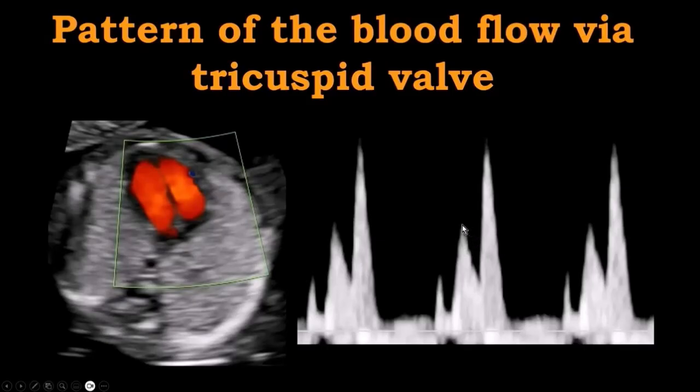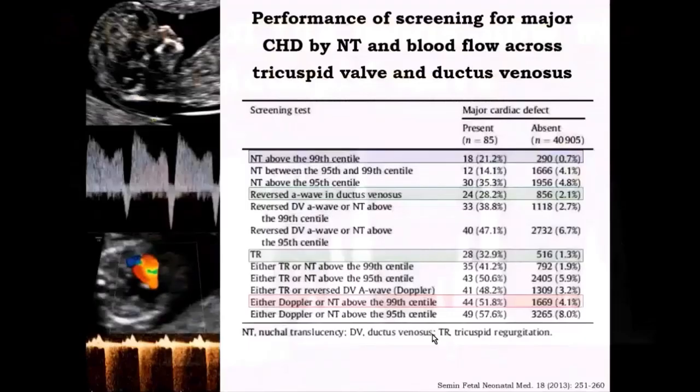There are relatively low velocities in early gestation, which indicates the stiffness of the myocardium at that gestational age, and the blood flow during atrial contraction that you can see here. The important area to look at is diastole, in between, where we are not supposed to see any evidence of tricuspid regurgitation in the normal heart.